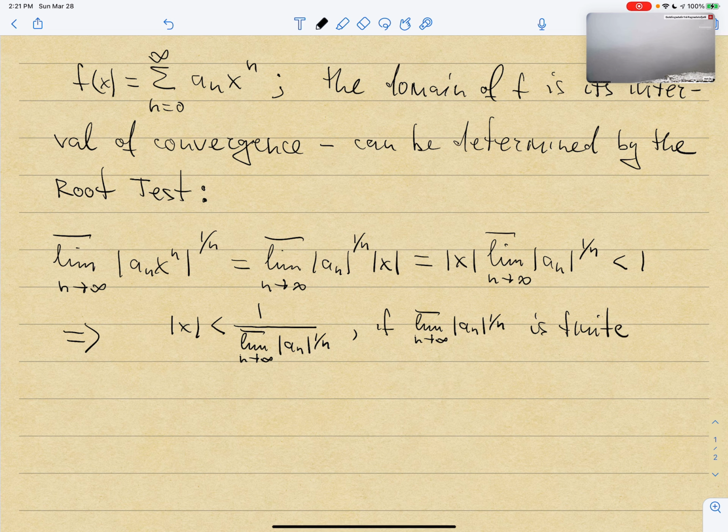If the limit is infinity, you're going to get 0, so x is only equal to 0.